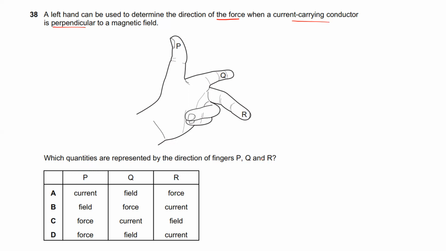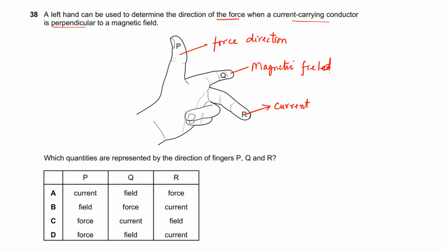For the left hand rule, remember that the middle finger or R represents the value of current, and Q represents the value of magnetic field. And P represents the force direction.